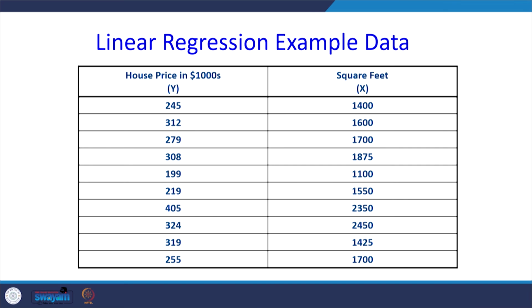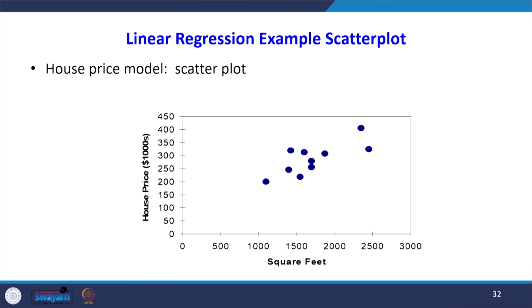I am going to use a spreadsheet for this data to show how to do the regression analysis. Before doing the regression analysis, the first step is to plot the scatter plot. The purpose of the scatter plot is to get a rough idea whether there is a relationship between x and y.